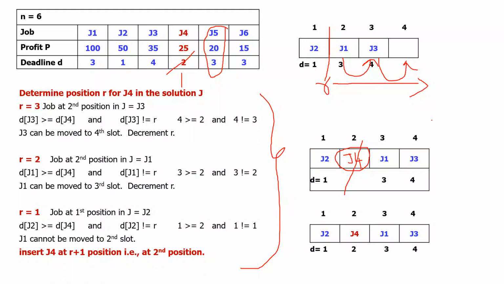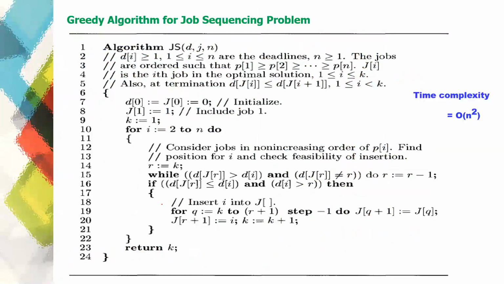So for this movement, this is the loop for moving the entire queue, entire array to the right side by 1 step. Then after moving, you'll have an empty slot at R plus 1th location, and at this empty location, you are going to include the ith job.